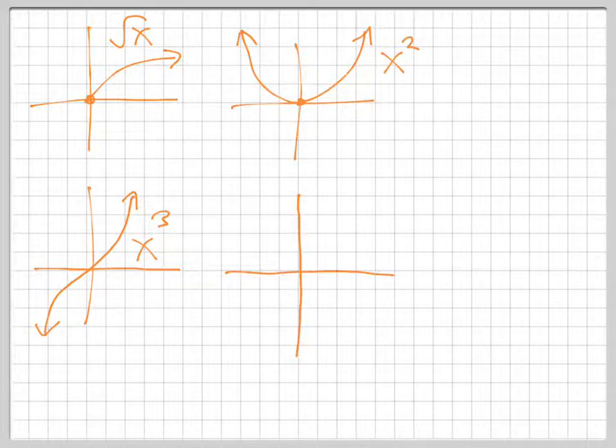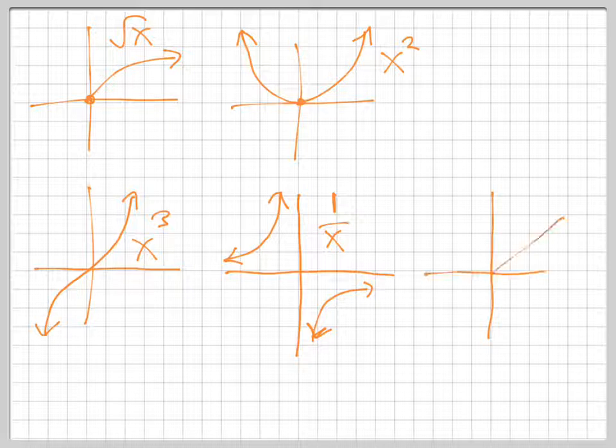Here's another one. I can't remember if we've been over this, or maybe we'll go over it later. This is 1 over x. It has 2 branches. It's kind of a weird one. Absolute value of x. I don't know if anybody knows what that one looks like.